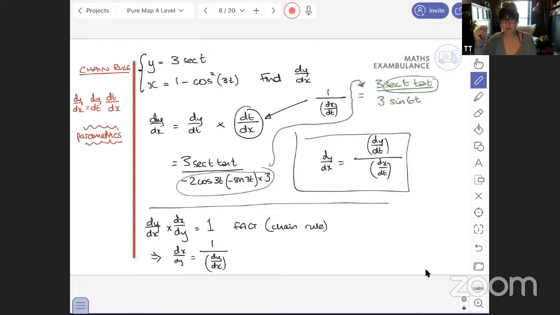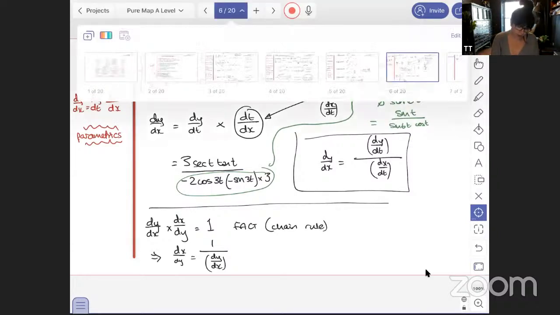So it's sine over cos squared. Might be nicer to multiply the top and bottom by cos squared and just have sine t over sine t cos t. And that's the sort of thing that you'll need to be able to do. Not just use this rule, but also then incorporate in all of your trig to solve the problem.